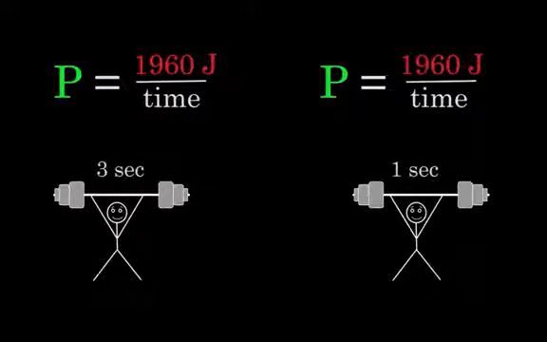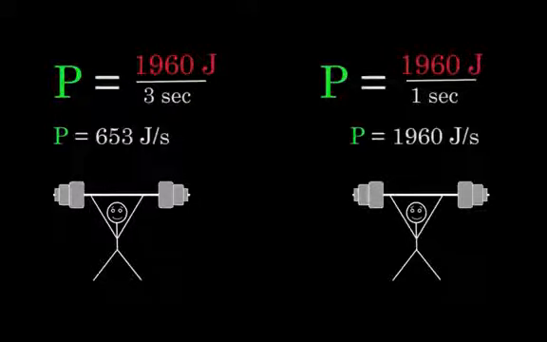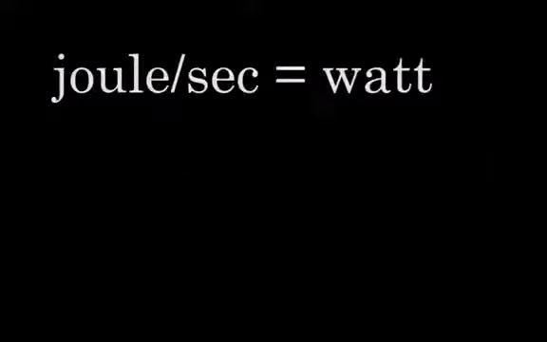If you divide by time, the one on the left took 3 seconds and the one on the right took 1 second. So the weightlifter on the left is 653 watts and the weightlifter on the right is 1960 watts. So the weightlifter on the right is more powerful than the weightlifter on the left.